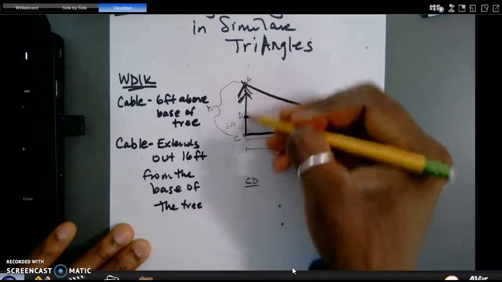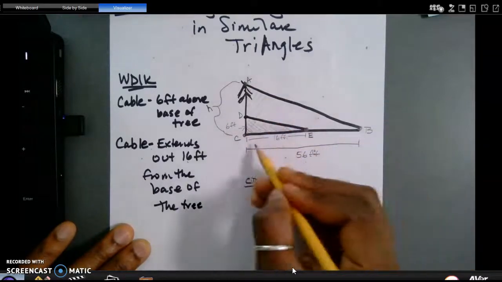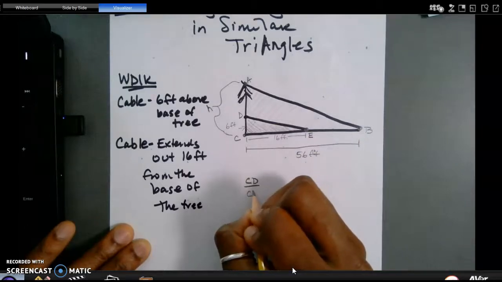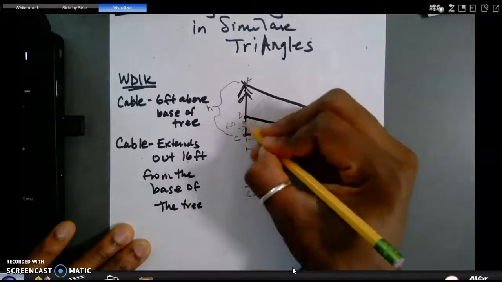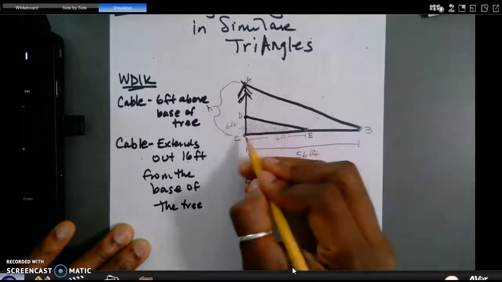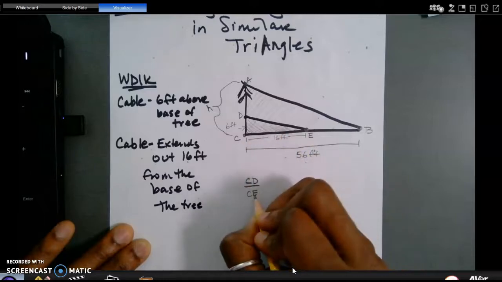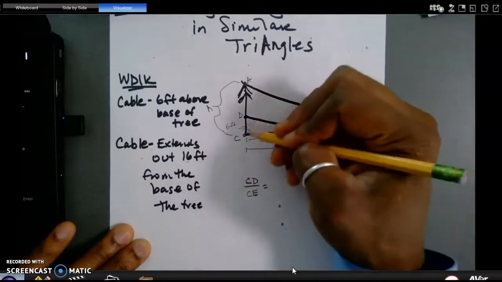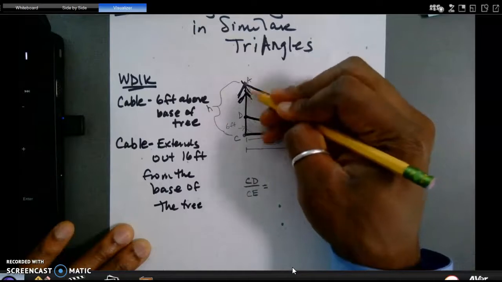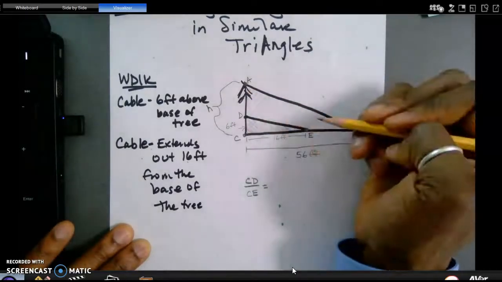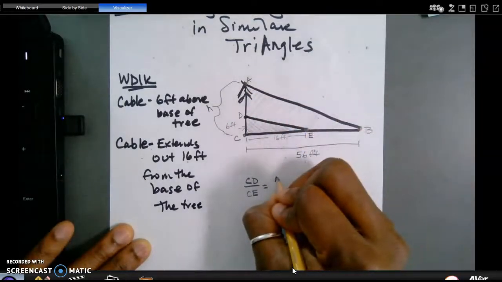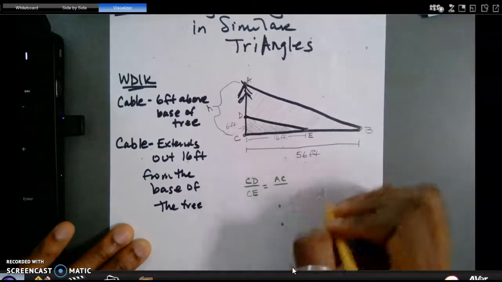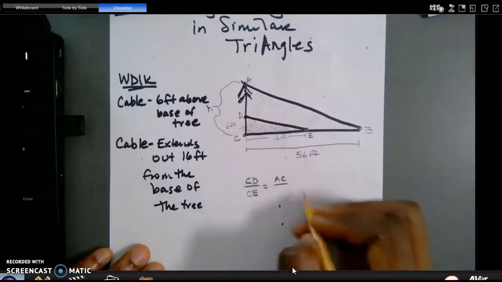So I want to compare CD, which is this part, to this longer part of the smaller triangle. I'm going to set that as equal to the side that I'm looking for, which is the unknown side of this particular tree. We're going to call this AC, and the way that I label these is in alpha order.